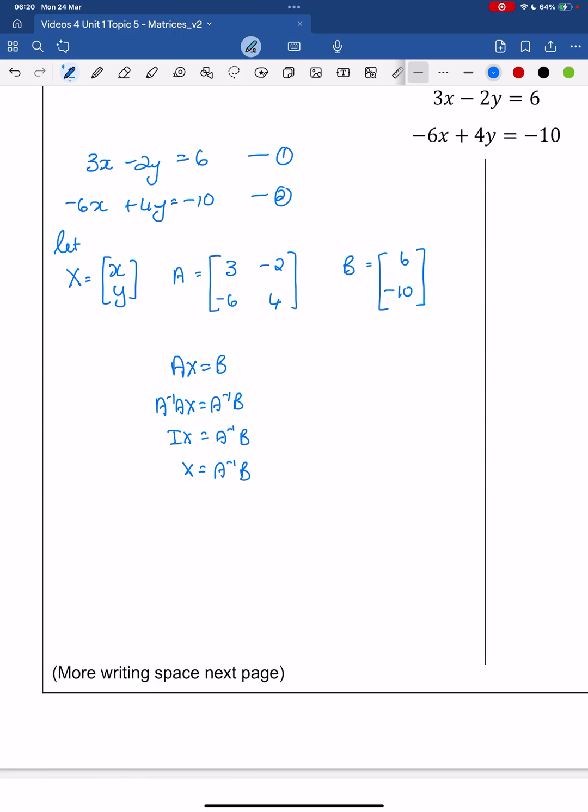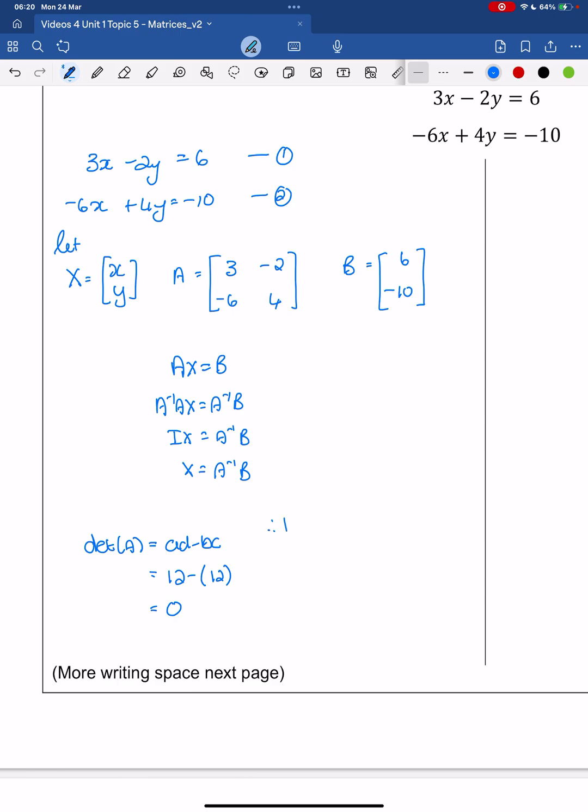And from here, we can actually work out what's happening with our determinant. So let's have a look. Our determinant of A is going to be AD minus BC, and that's going to be 12 minus, and negative 2 times negative 6 is 12. So our determinant of A is 0, and we need to draw a conclusion about that.